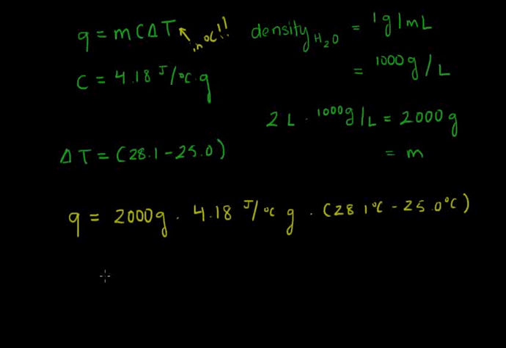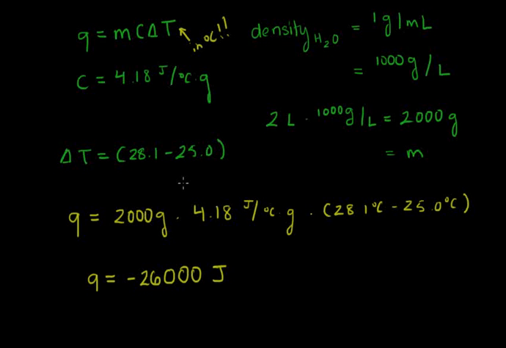And so if we plug in these numbers, we should get something like this. Q is equal to negative 26,000 joules. And you might be asking why this number is negative.